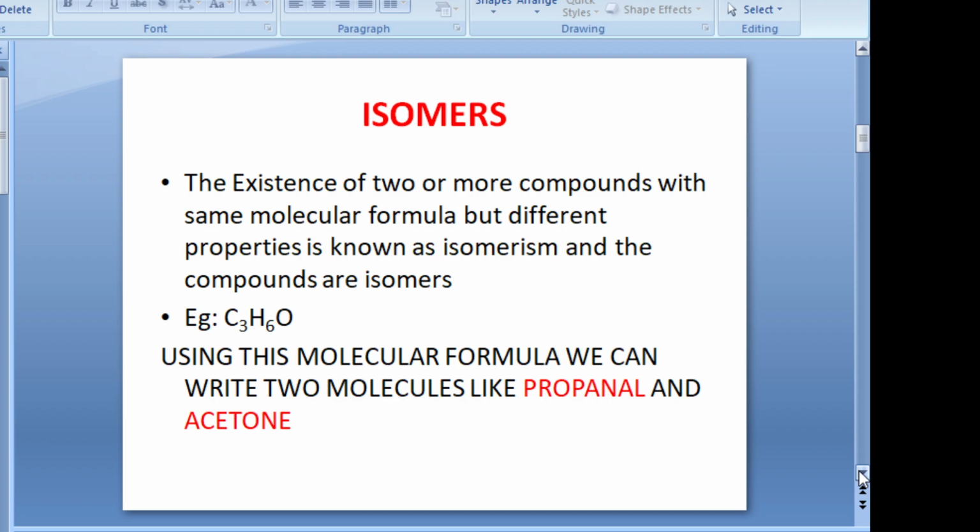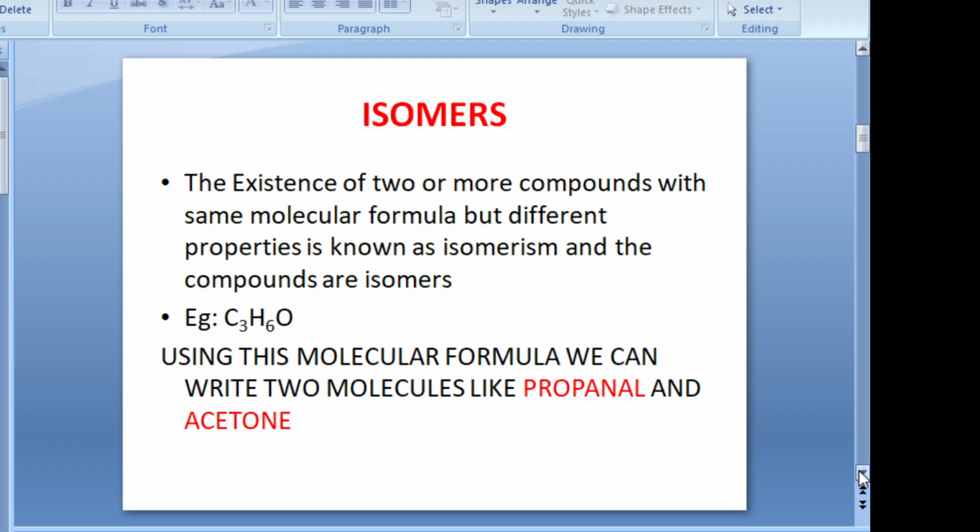Let us try to build a structure. A chemical formula is C3H6O, molecular formula is C3H6O. Using this molecular formula, we just try to propose two chemical formulas as structures.